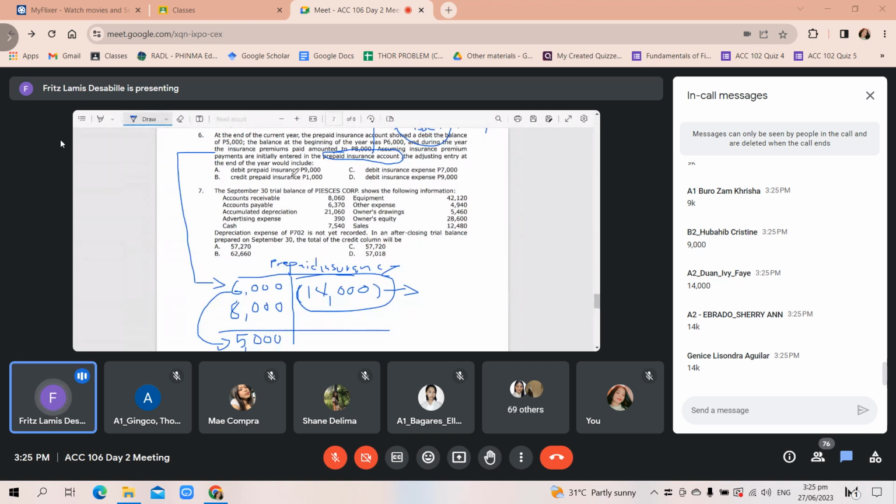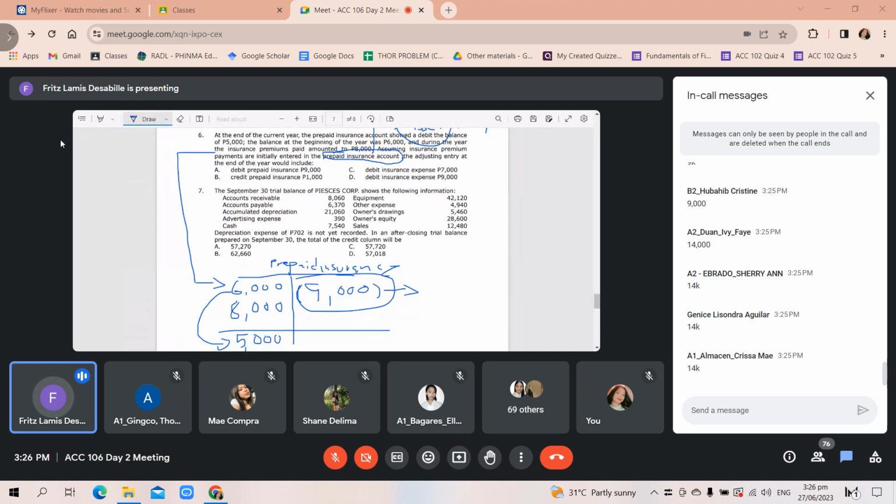Sorry, 9K ra diay. Not 14. 9. 6 plus 8, 14 minus 9, 5. Sorry ha. 9. Dili 14. 6 plus 8, 14 minus 9, 5, di ba? Nagsugod ta og 6. Then nag-add tag 8, so total ana 14. Nya dapat mag-minus ta og 9 aron mag-end up ta og 5,000 nga ending balance.